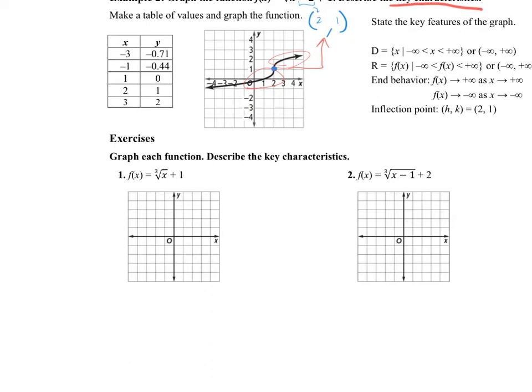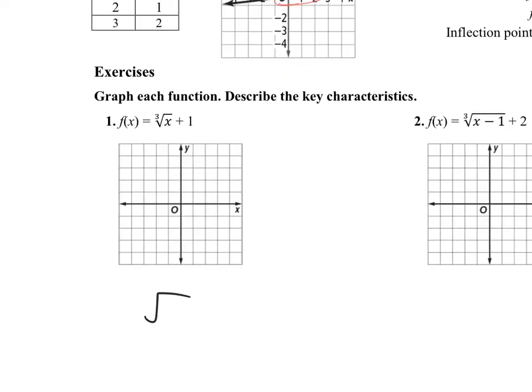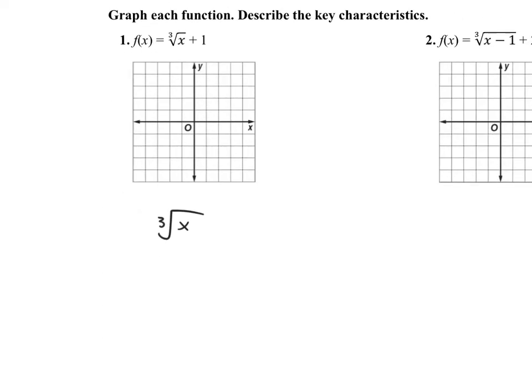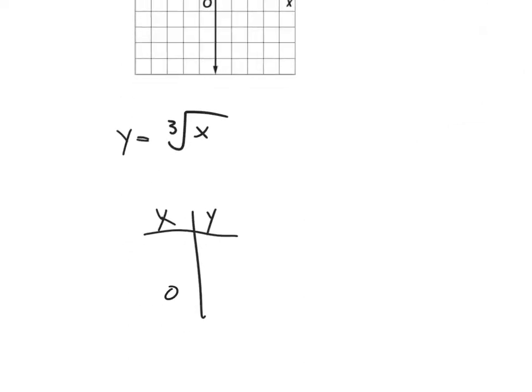Let's graph these by making a parent function and doing some shifts. I'm going to make us the most basic table, right? The parent function, y is equal to the cube root of x. And now we're going to be able to pick some negative values. I'm going to start with 0, though, because the cube root of 0 is 0. I can do both 1 and negative 1. Cube root of 1 is 1. Cube root of negative 1 is negative 1. But then we need to start picking values that are perfect cubes.